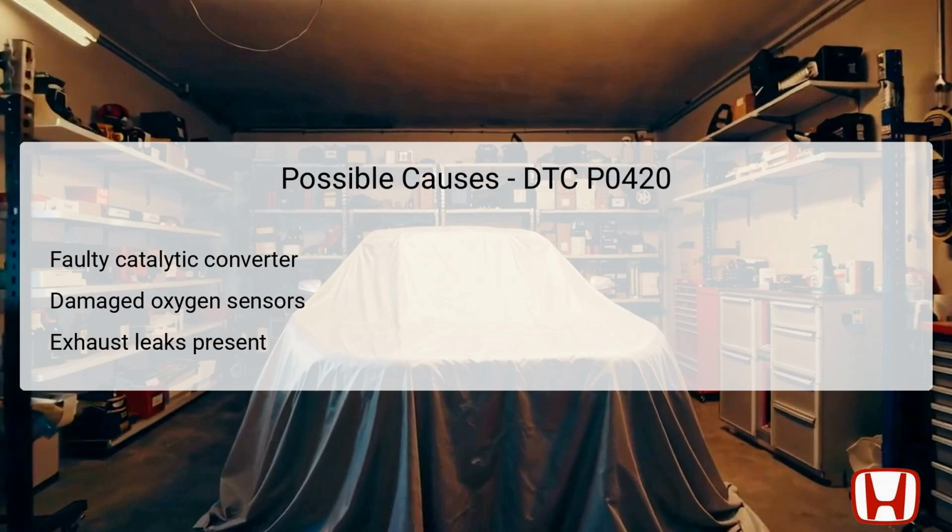Finally, exhaust leaks in the system can also cause an imbalance in the oxygen levels detected by the sensors, leading to erroneous readings and ultimately setting off the P0420 code. Understanding these potential causes helps in pinpointing the specific issue that needs troubleshooting.